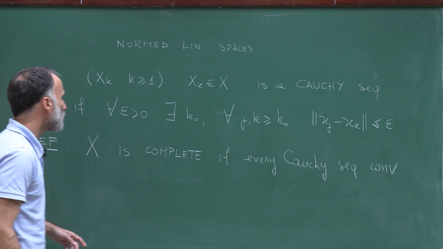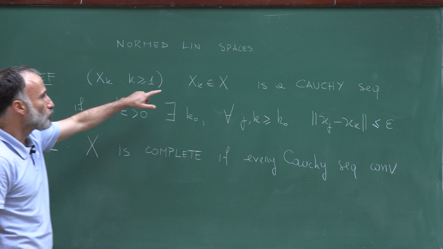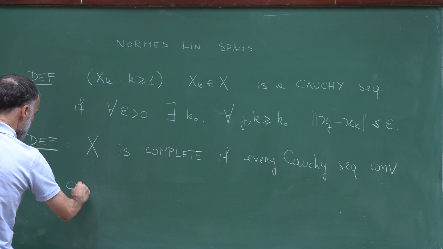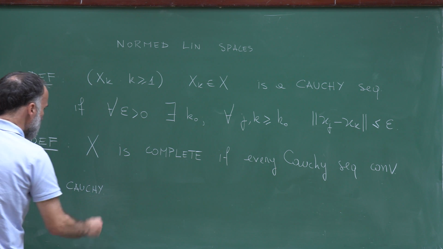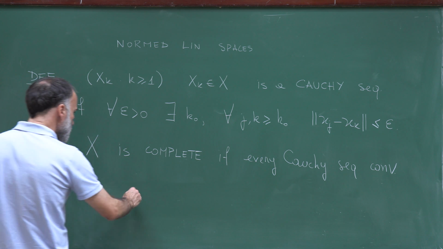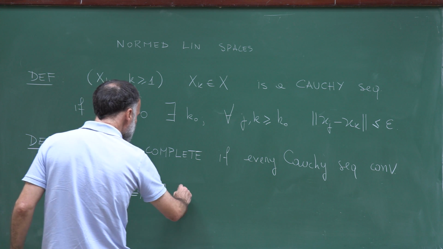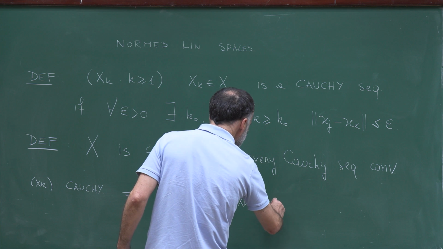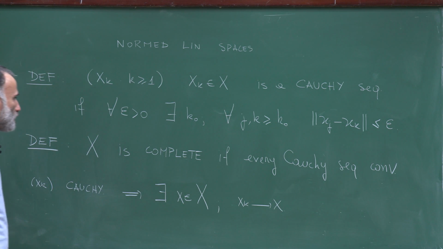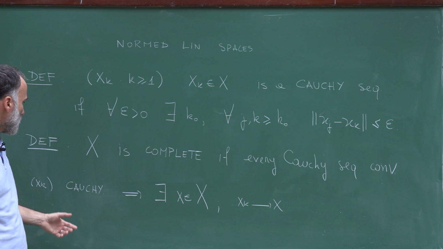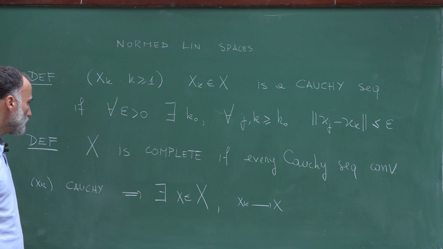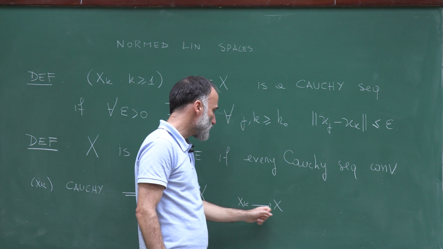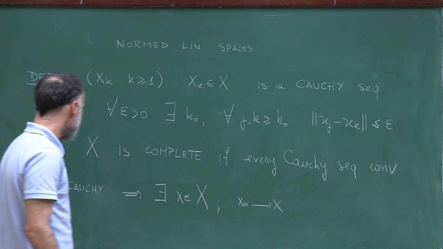This means that if you take xk to be a Cauchy sequence, if X is complete, this means that there exists a point x in the space X such that xk converges to x. Right? So X is complete if whatever Cauchy sequence you consider, you can find a point in X with the property that the Cauchy sequence xk converges to x.